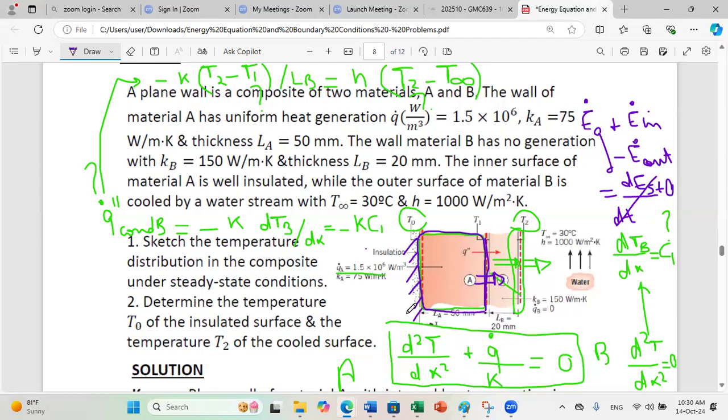For this control volume, we don't have an inlet because here it's insulated. So E dot in is 0. We just have an outlet. And at the outlet, what do we have?